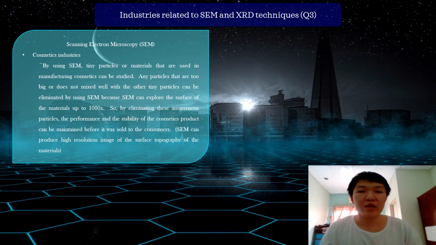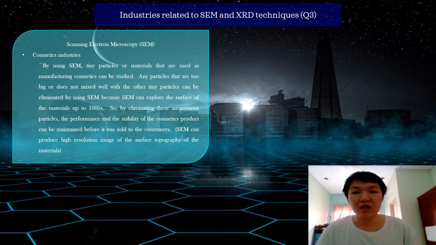SEM can study the surface topography up to 1000 times magnification, which is sufficient to eliminate all the anomalous particles. If we eliminate the anomalous particles, we can ensure the performance and stability of the cosmetic products before they are sold to consumers.